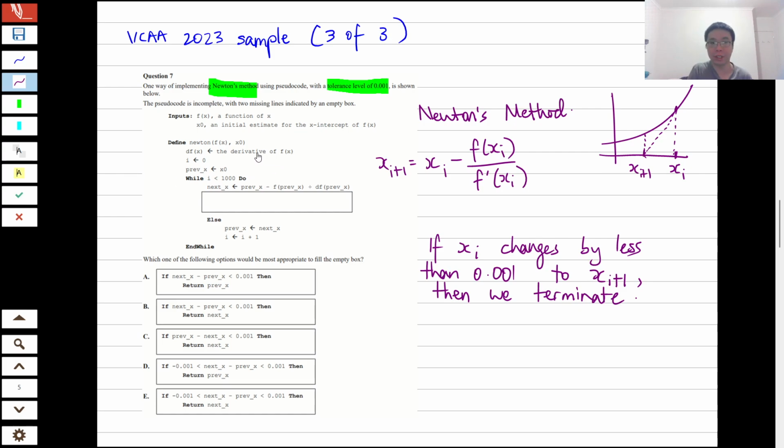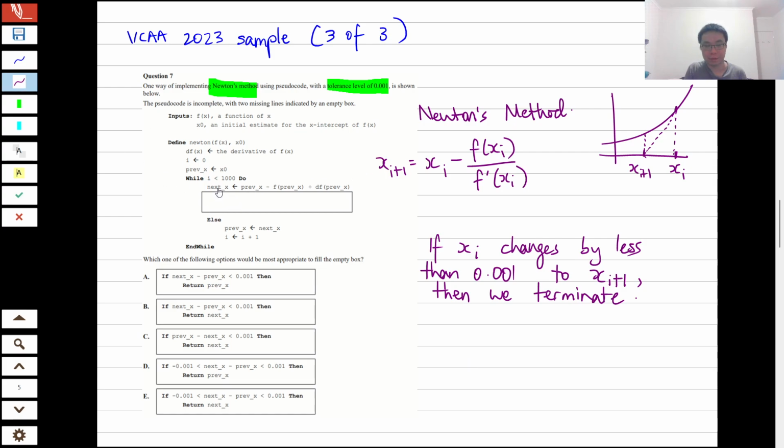So you'll see here that there are 1,000 iterations. The reason for that is if we don't have that 1,000 ceiling, this program would run forever and your computer would freeze, essentially, because you wouldn't be able to do anything else.